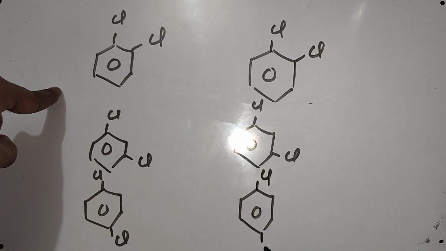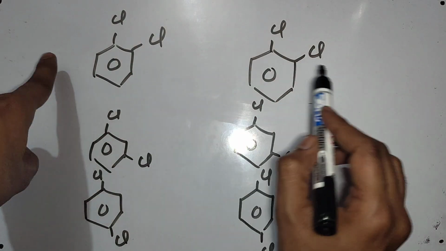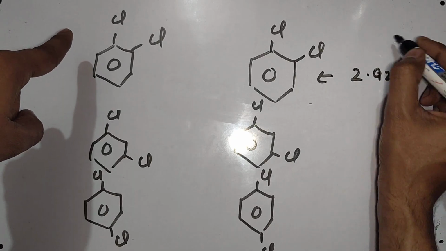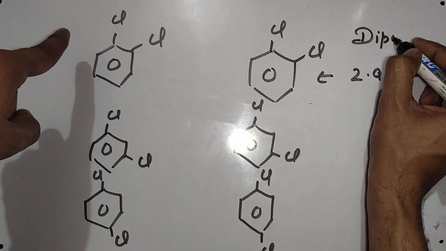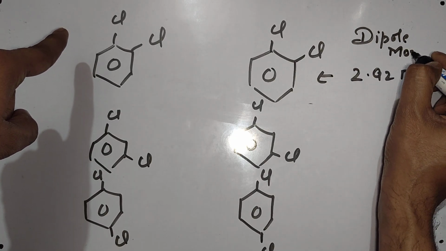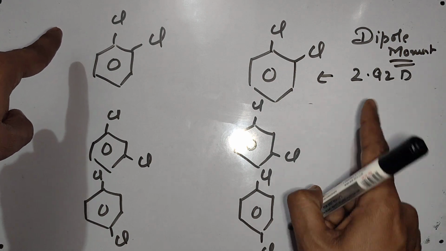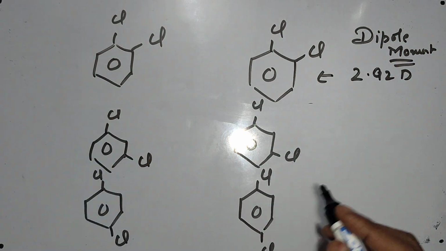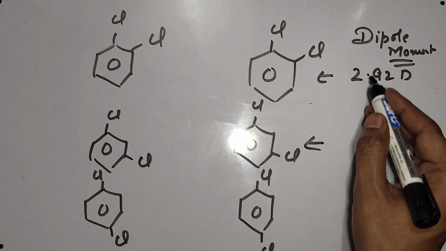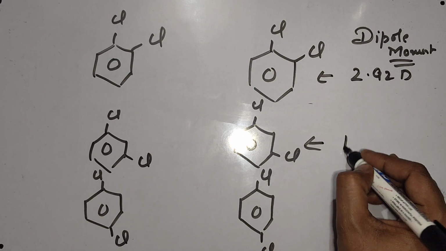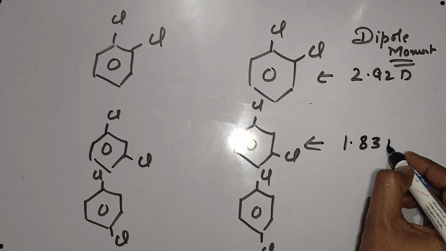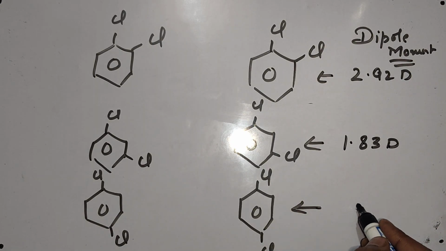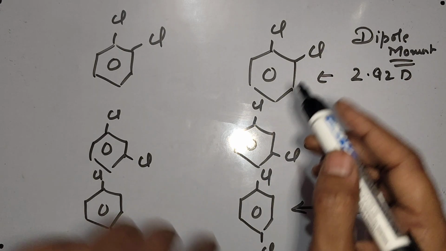So in the ortho case, what is the dipole moment? 2.92 D. I am writing the dipole moment values. How did we calculate these values? Through the parallelogram law. Meta case, the dipole moment will be around 1.83 D, and in the para case the dipole moment value is 0.